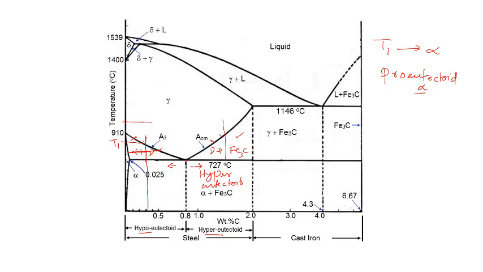So as you lower the temperature, the fraction of this alpha phase will increase, and then as you come to the eutectoid temperature over here, and go a little below that, the eutectoid reaction will occur and this eutectoid mixture, that is pearlite, will form.